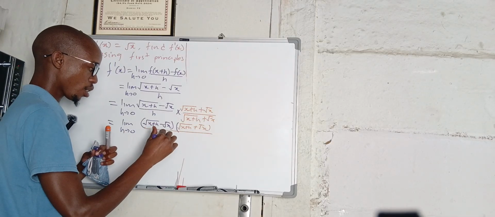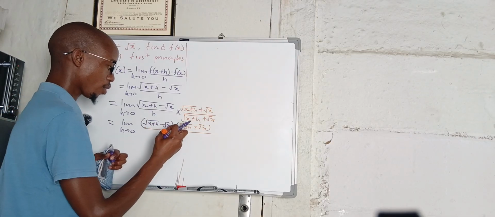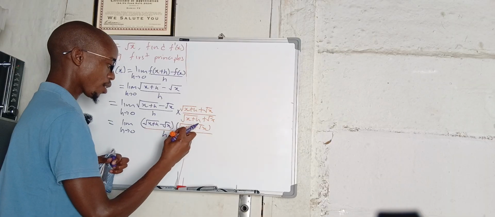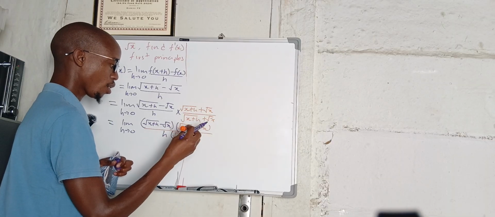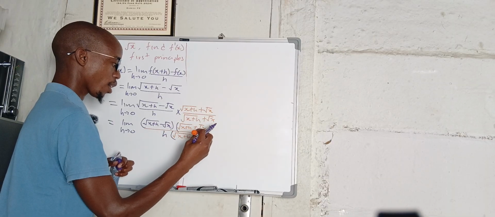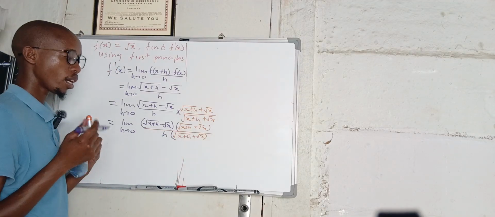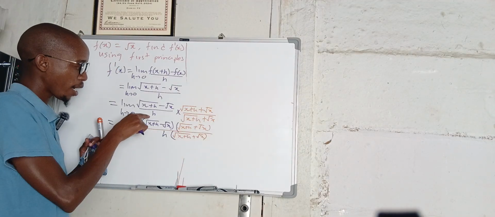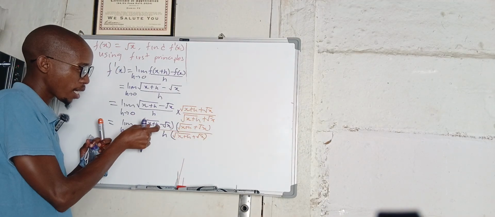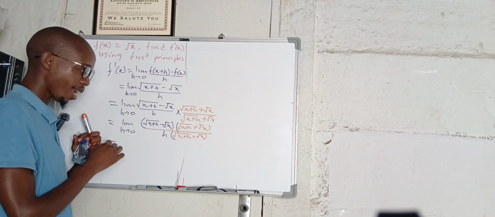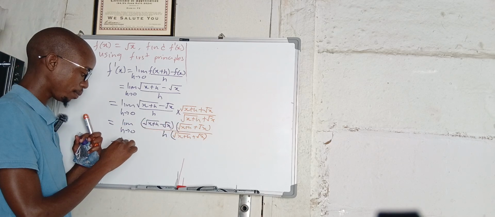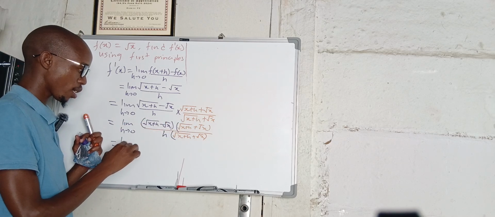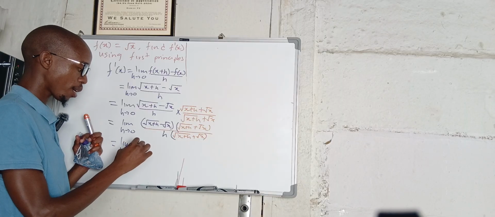I have h into square root of x plus h plus the square root of x in the denominator. Now let's remember our math FOIL. If I multiply this by that, you can check, the insides of the square roots are the same. So I'm going to say limit as h approaches 0, and I'll end up having x plus h.